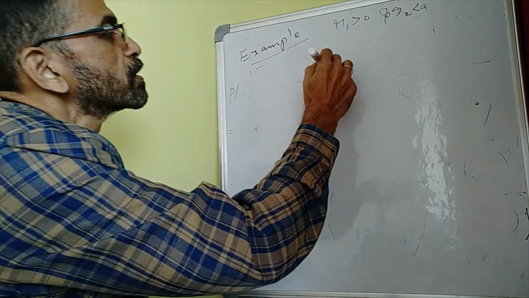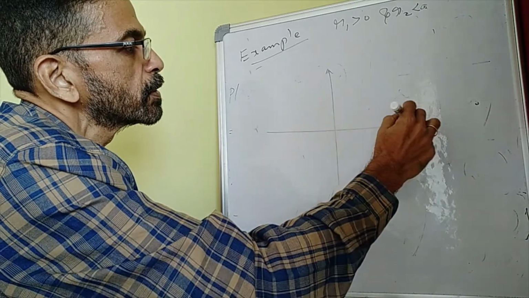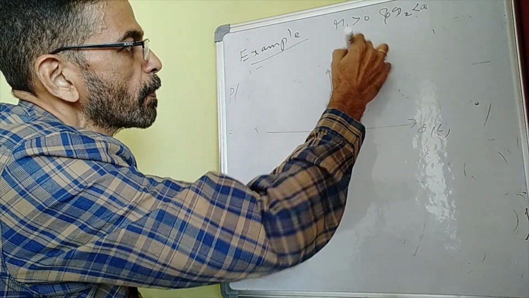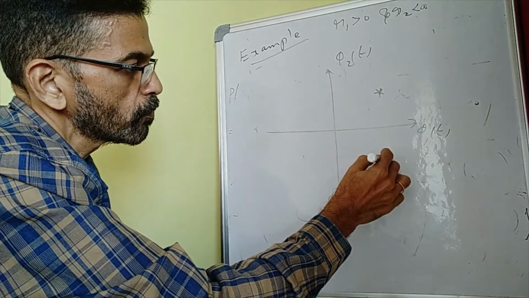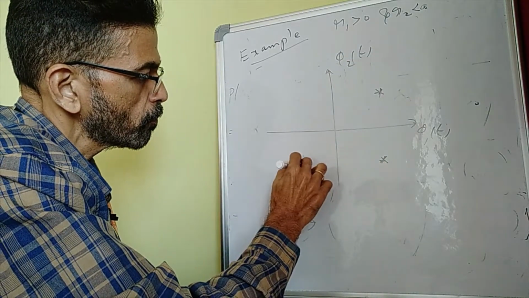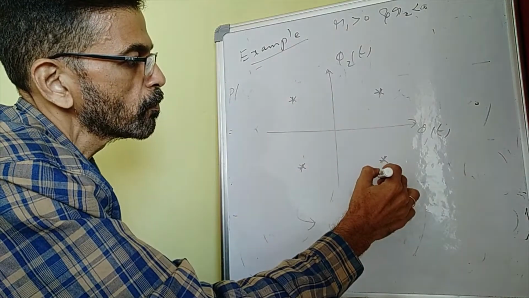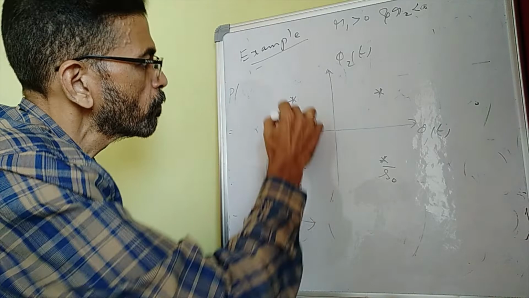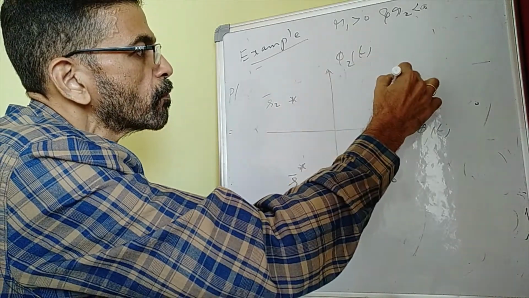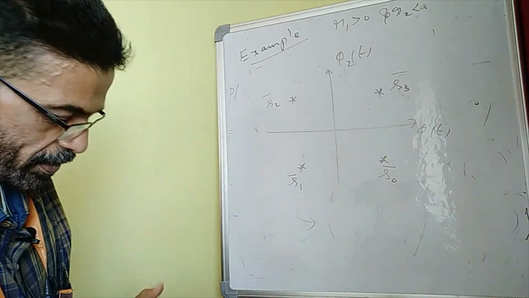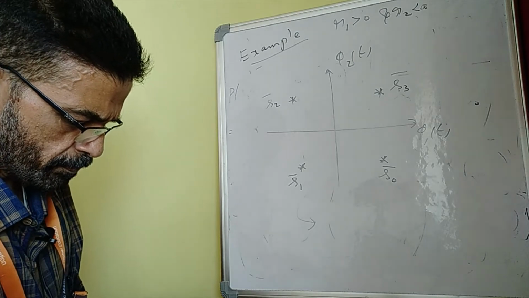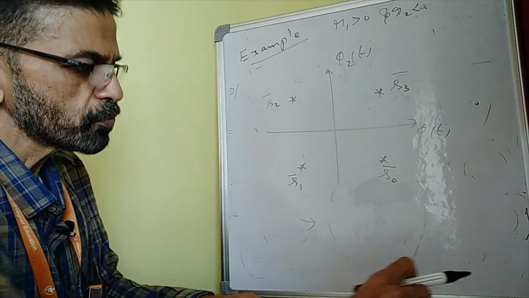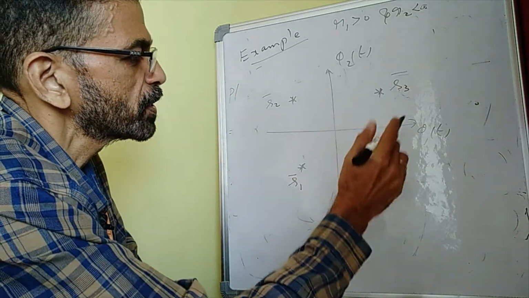We have the signal space like this, and suppose we map the dibits like this.